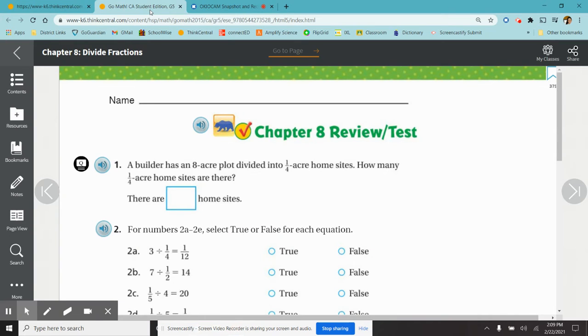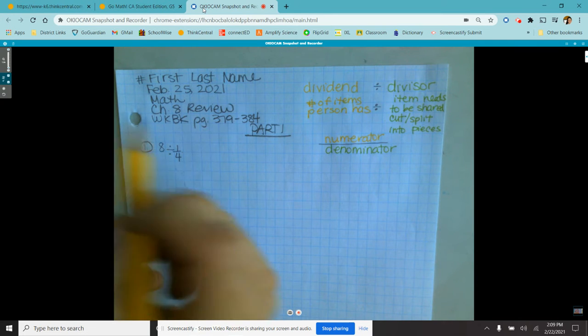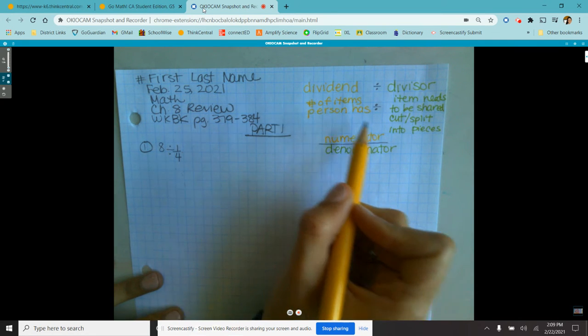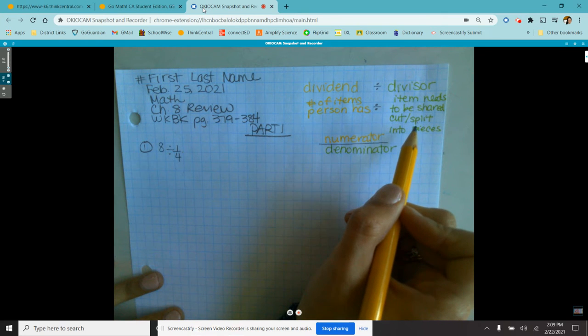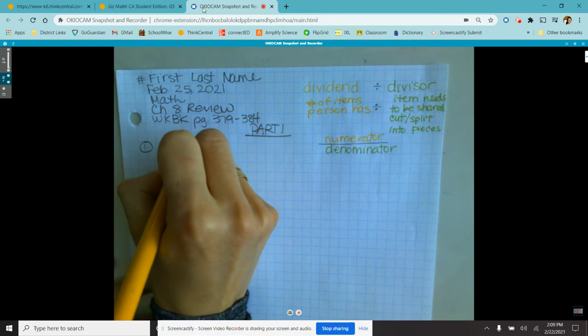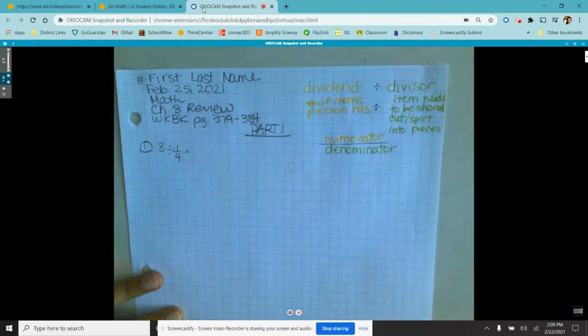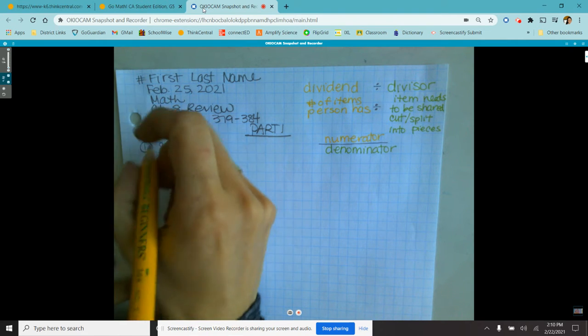a builder has an 8-acre plot of land and wants to divide it into quarters or into 1/4 of an acre home sites. How many 1/4 acre home sites are there? So the person has 8 acres and they want to split it into 1/4 acre pieces. If you remember from our recent lessons this week, whenever we have the fraction as the divisor, it's going to be turned into multiplying whole numbers.